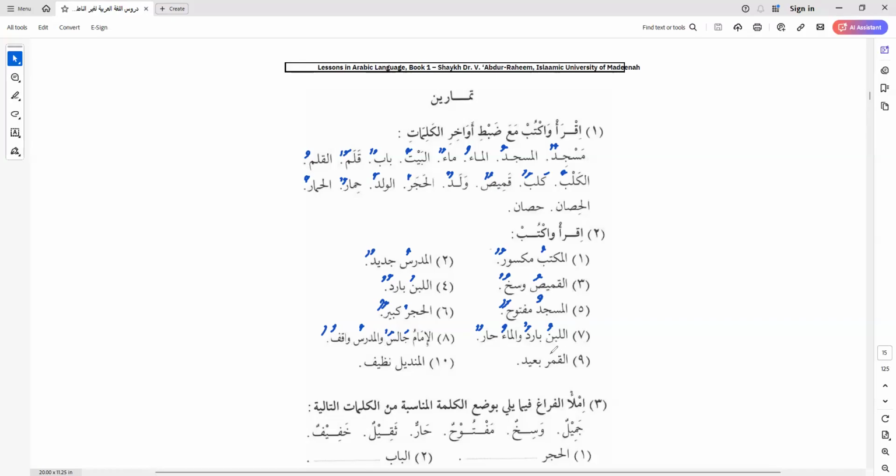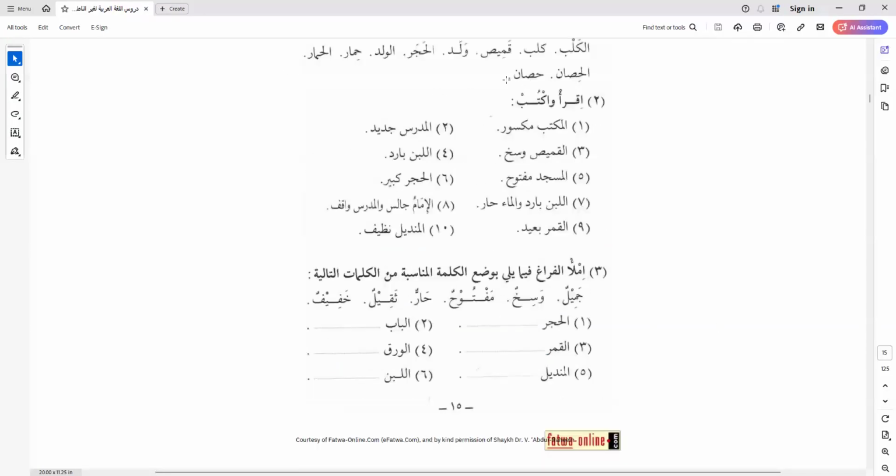Al-qamaru ba'idun. The moon is far, right? Al-mindilu, the napkin or the towel or the handkerchief, nazifun, is clean, neat. So you see how we practice the vowelization of the Arabic kalimat.